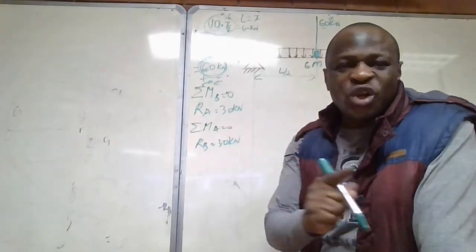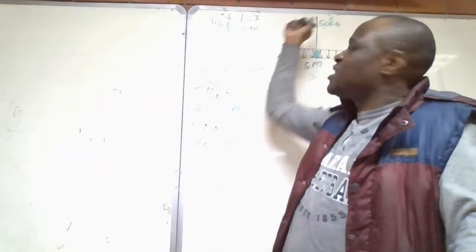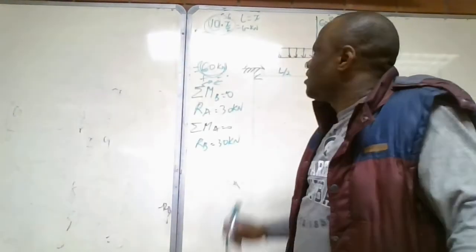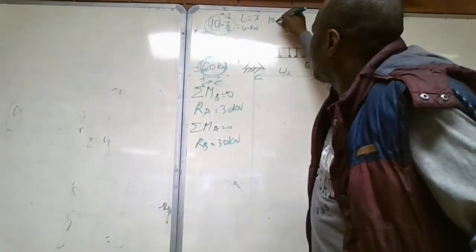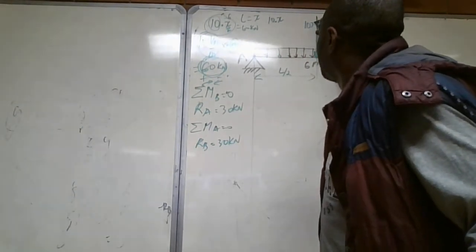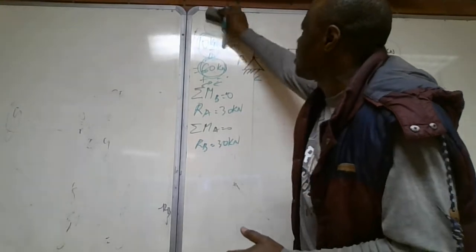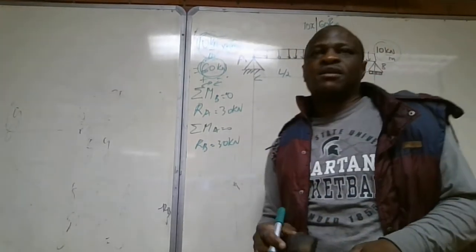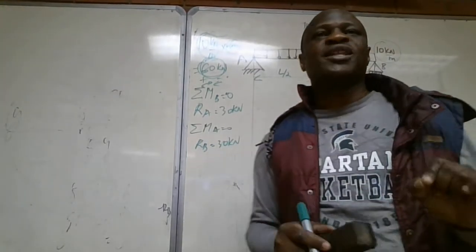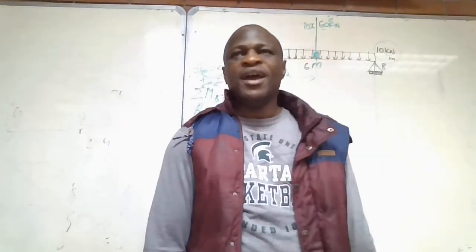But because the load is varying, if we have to represent 60 mathematically, it will be 10 times the length, which is x, and therefore mathematically this can be represented as 10x. Knowing that if x is 6, the total will be 60. Now we have to be able to do that every time we have a UDL or a VDL.